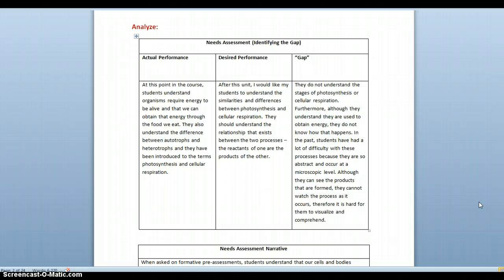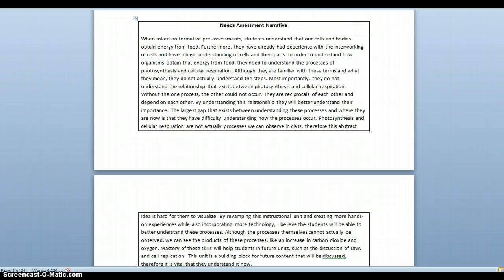So it's very hard for them to understand how they work and the fact that they're actually occurring in their own cells. Based on pre-assessments that I've given the students in previous years, I've come to understand that they do understand that we get our energy from food, but they don't really understand how the organism is then able to break down that food to turn it into energy, which would be through cellular respiration.